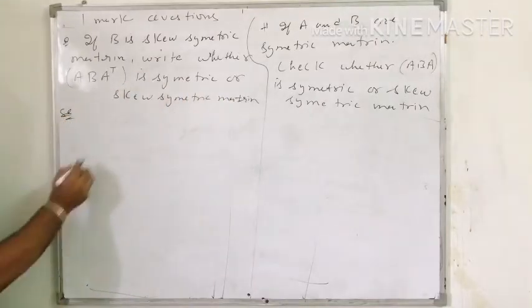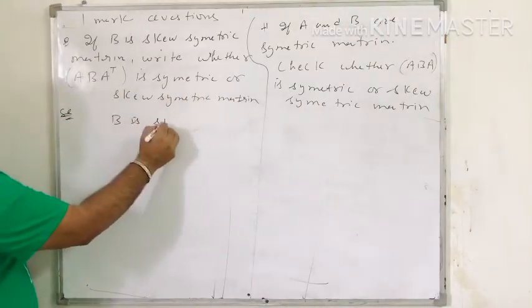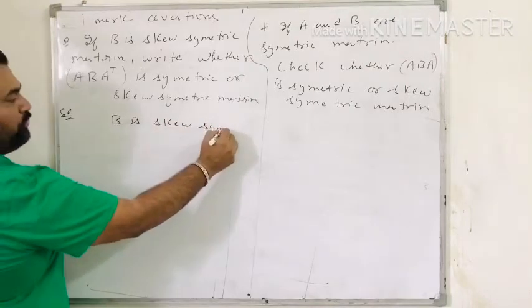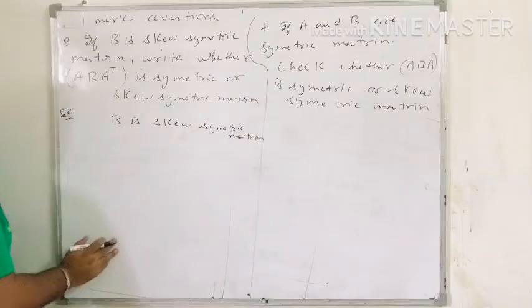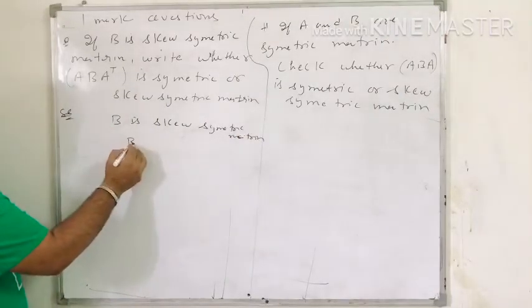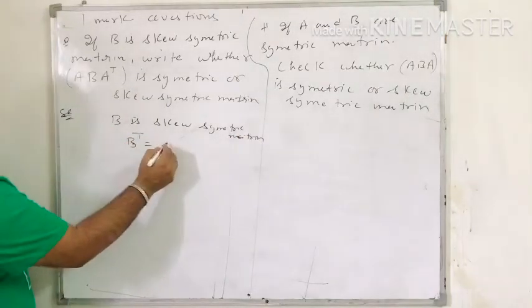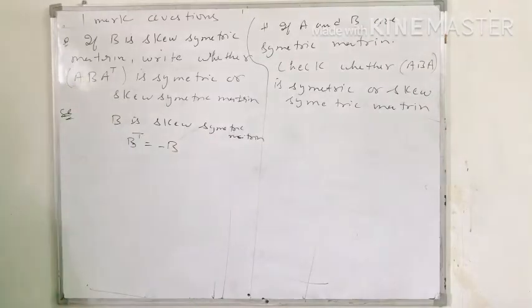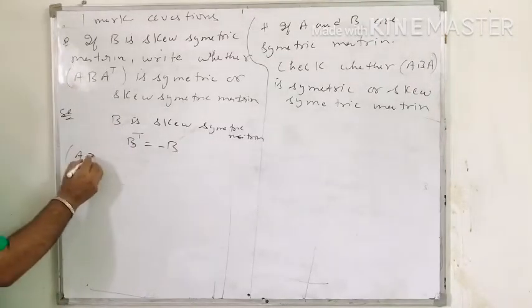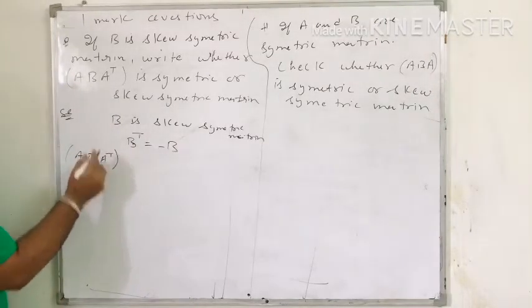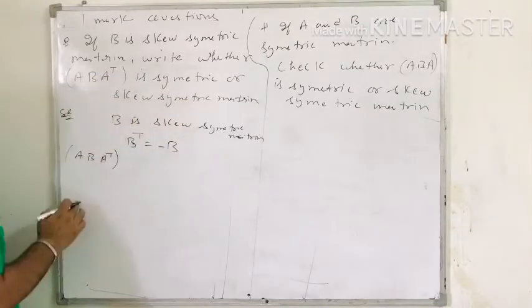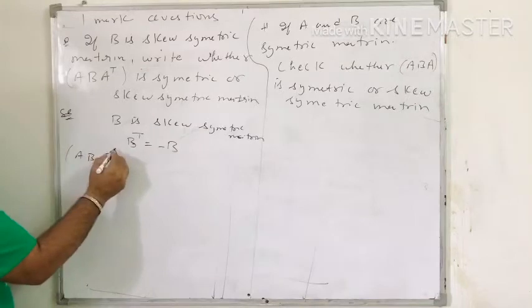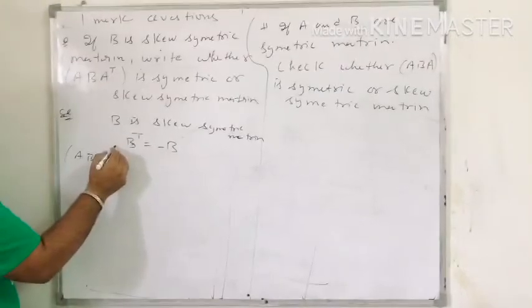Now, first of all, B is a skew symmetric matrix. If B is skew symmetric matrix, then B transpose equals minus B. Now we have to find whether A transpose is a symmetric matrix or skew symmetric matrix.